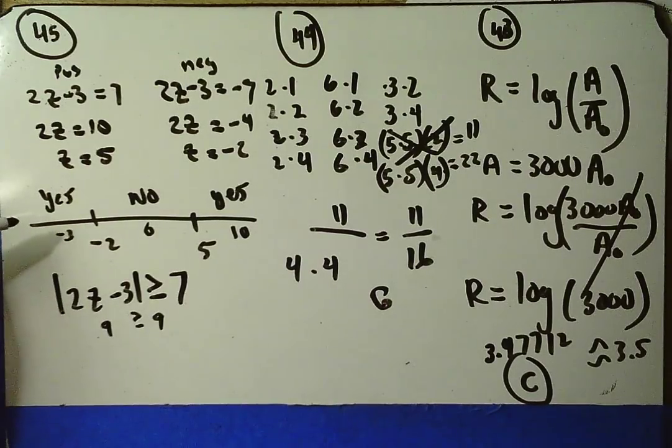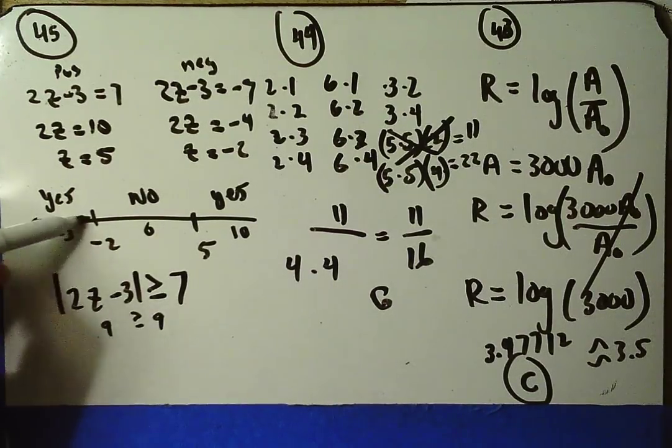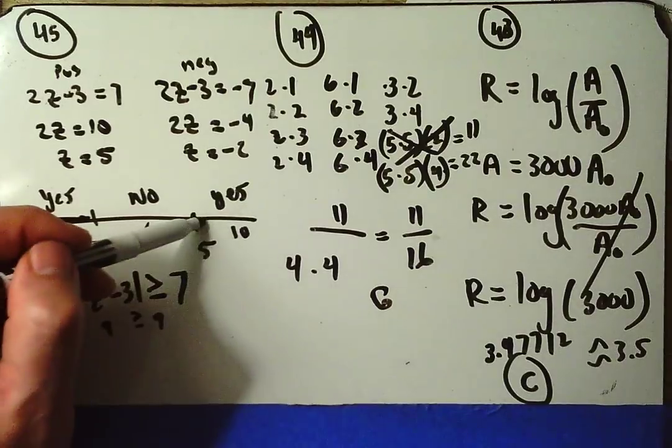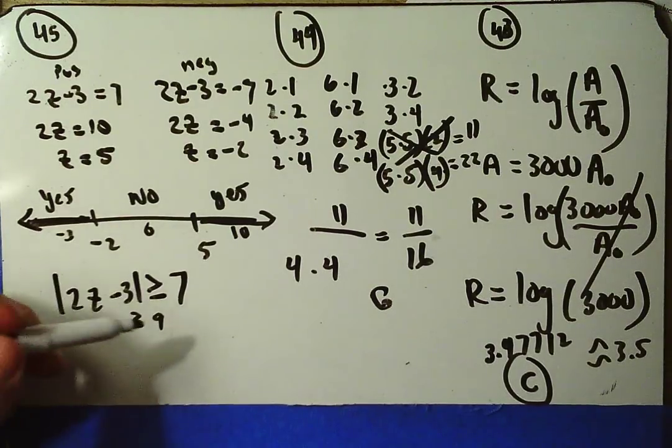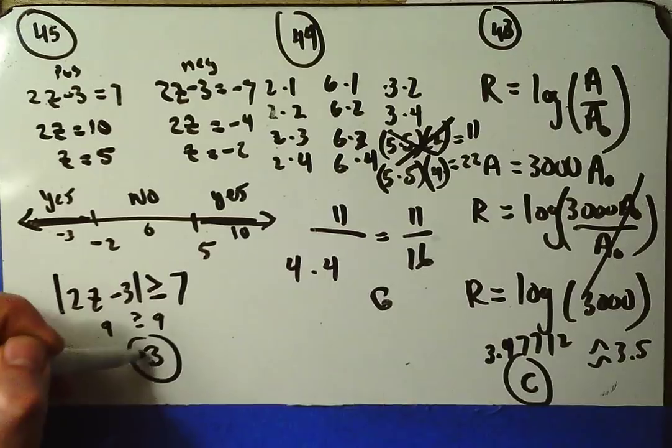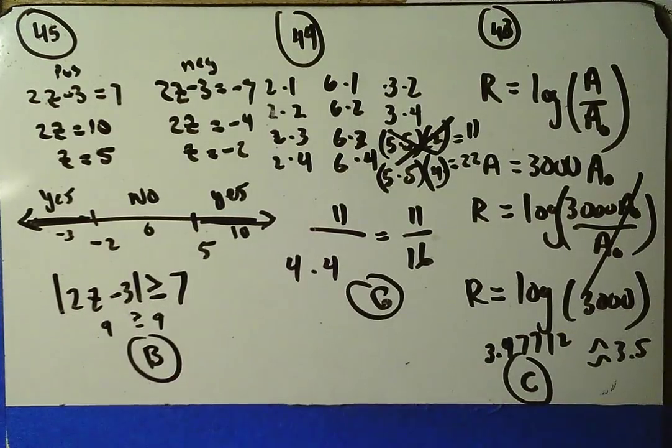So I get a yes there as well. So I want all the numbers less than negative 2 and all the numbers greater than 5. So that seems to correspond with choice B. Choice B for number 45.